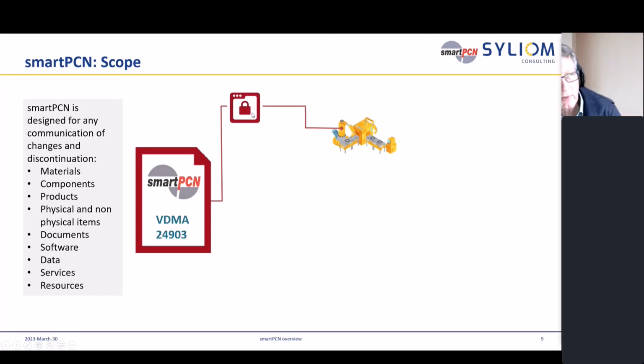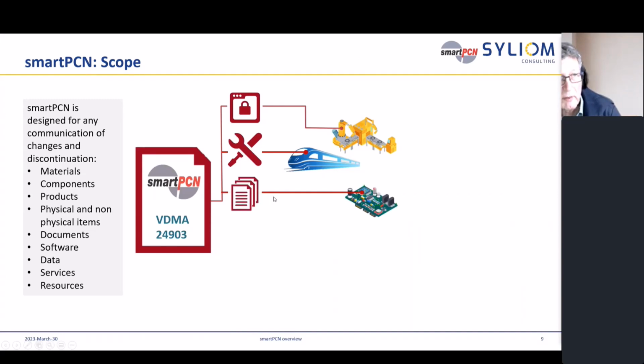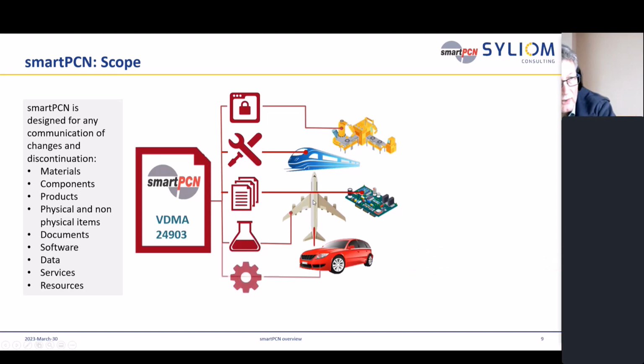So for example, when we talk about any kind of machinery, spare parts, maintenance manuals and spare parts for trains and other information that is necessary for the service providers. When we talk about documentation, bill of materials, and changes in particular to assemblies like that we have here, even when we talk about materials for aircraft that may change, all of this can be covered by a smartPCN.